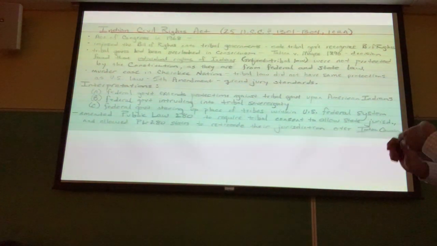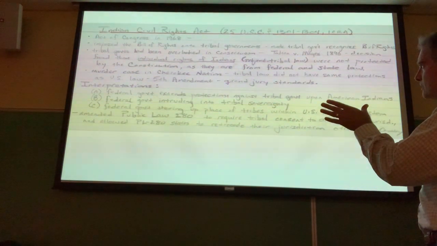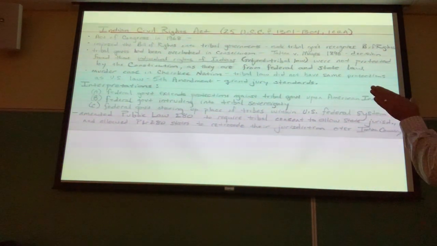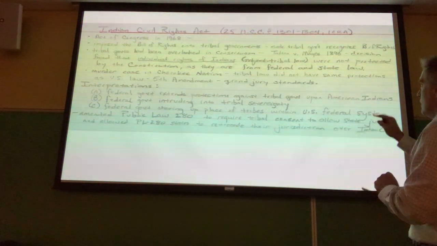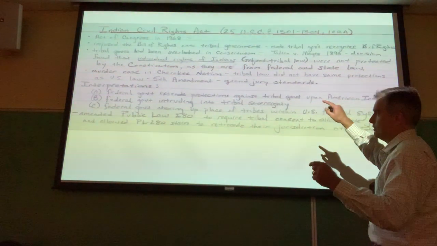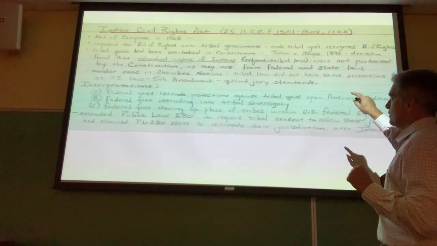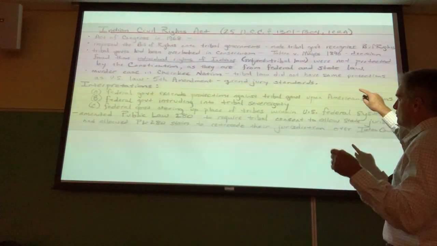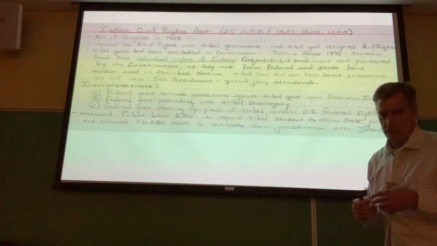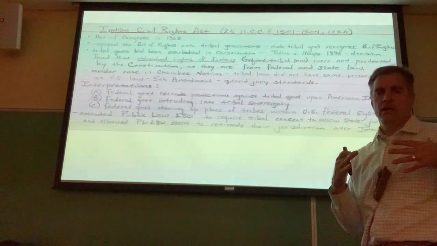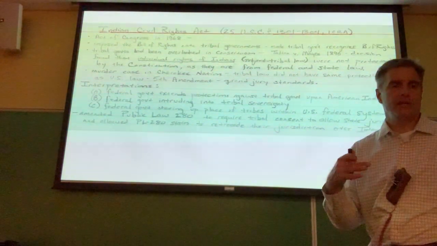And what it found was that in 1896, the individual rights of Indians weren't the same as non-Indians, and they were subject to their tribal law differently than U.S. citizens were subject to United States law or their state laws. So essentially they were not protected equally.